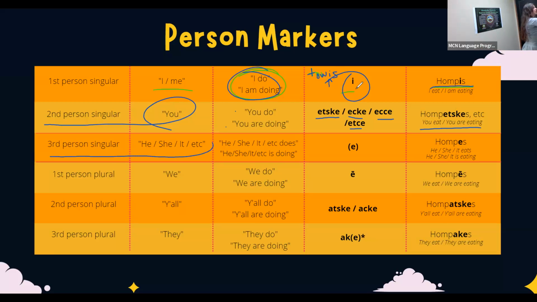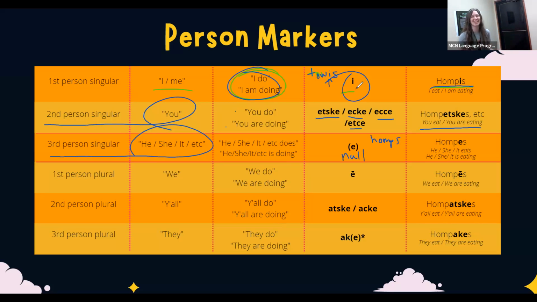Third person singular, he, she, or it, right? So he, she, it does or is doing something. It's this guy. Now, why do I have it in parentheses? Because this conjugation is what we call the null or no conjugation. We don't actually add anything, but I can't say hopes.